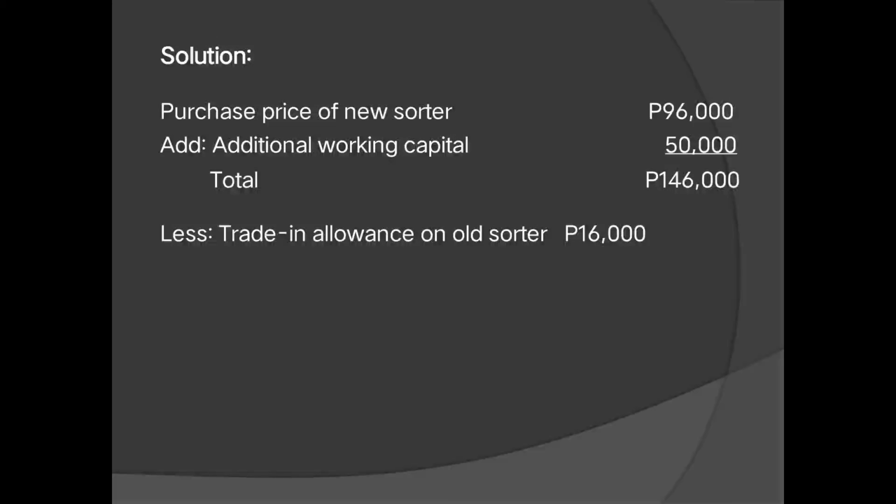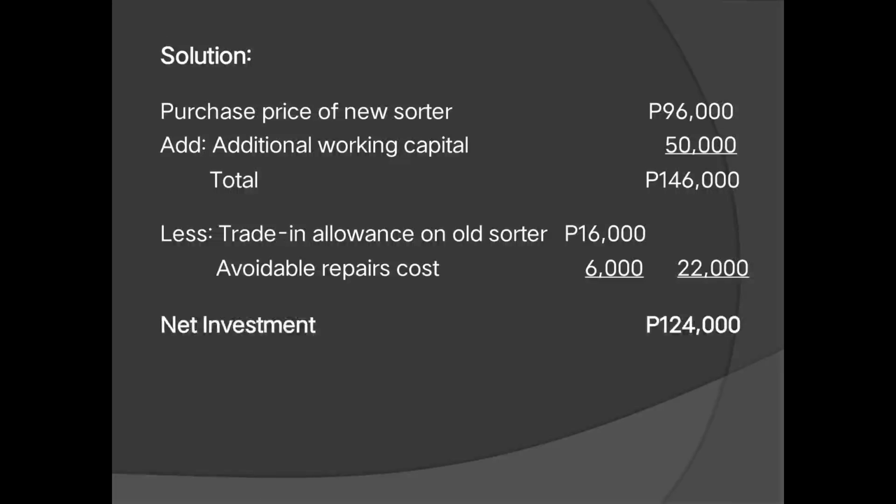Then, ililess natin yung mga cash inflows which is the trade-in allowance on old sorter na 16,000. Then, yung avoidable repair cost of 6,000. Then, ang total cash inflow natin is 22,000. So, yung from the cash outflow na 146,000, ililess natin yung 22,000. Makukuha natin yung net investment na 124,000.